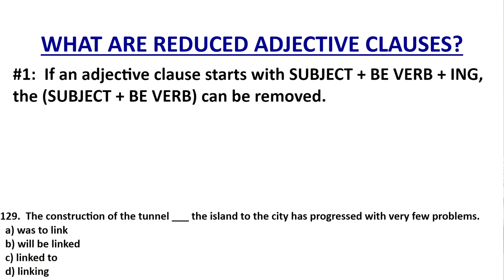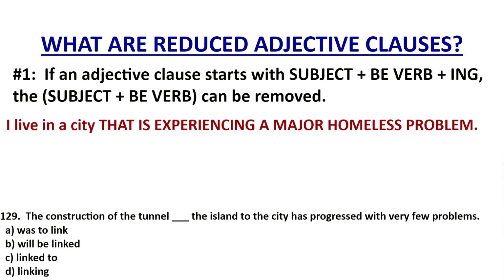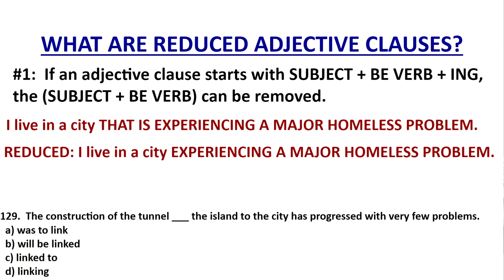First, if an adjective clause is subject plus be verb plus ing, then you can often remove the subject and verb. For example, I live in a city that is experiencing a major homeless problem. Here I can remove that, which is the subject, and the be verb is, and my new sentence would be, I live in a city experiencing a major homeless problem.